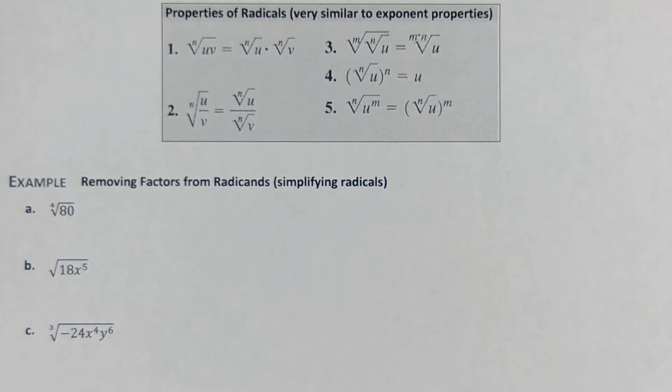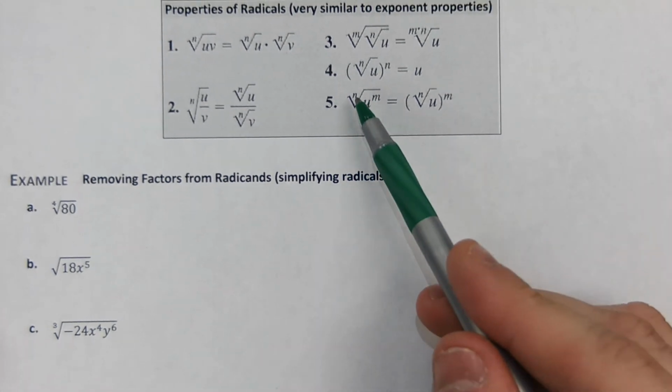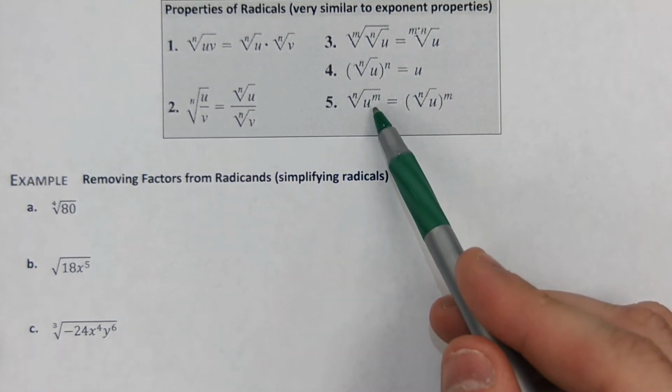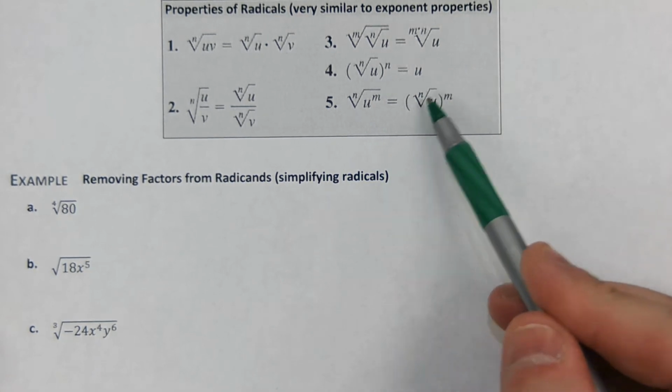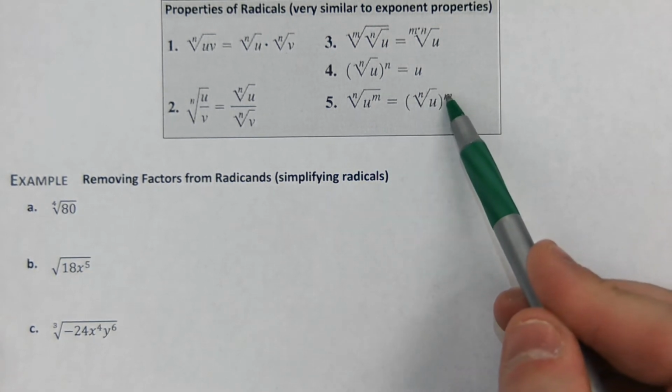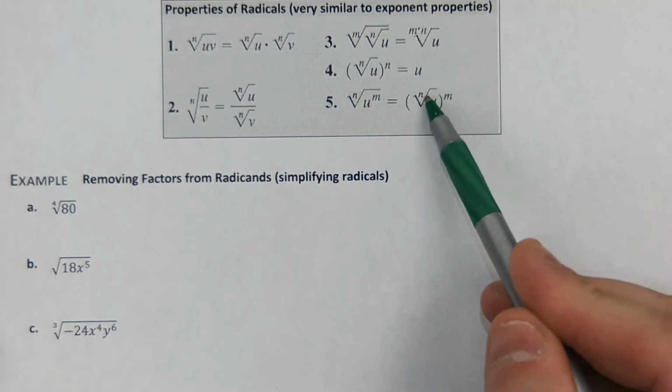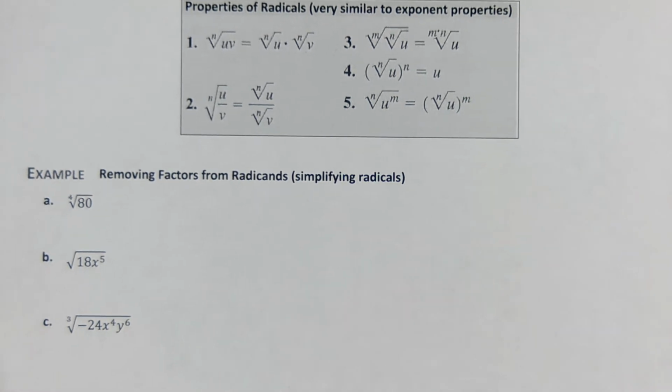When you have a power to a power, you multiply the exponents. And since the order of multiplication doesn't matter, you can switch them. So instead of taking the root of something with an exponent, you can raise a root to the exponent. So this exponent can be in or out of the radical, and it will not matter. It gives you the exact same result. And hopefully that is something that you learned in Algebra 2, and I'm just brushing that knowledge off for you, bringing it back to the front. I hope.